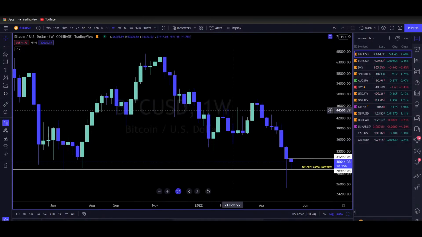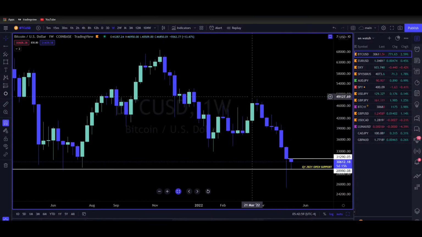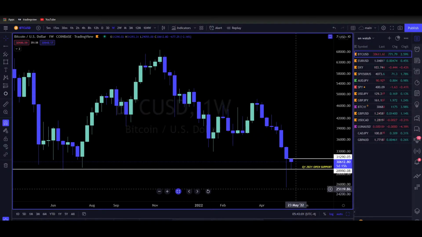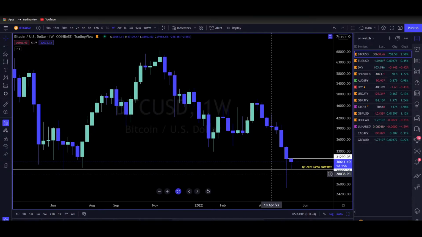So leg 1, consolidation. Leg 2, perfect 2-to-1 target. Beautiful. Filled the gap. Well, we don't know if it's completely filled, but we did get in the gap, and we did get about a midpoint test. Beautiful. Downside targets hit. Not only am I taking profits off of that move, so are a lot of other people. So that in itself will cause a near-term bounce.